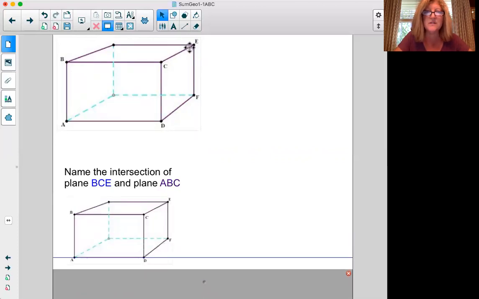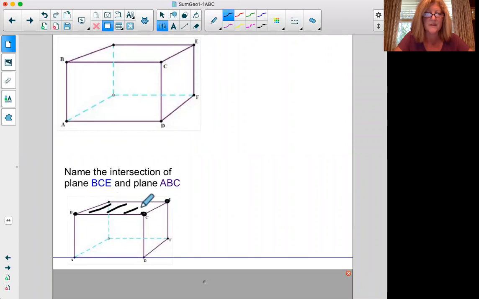And so let's do this. Let me get a pen here. So BCE is this top plane, and ABC is this front plane.